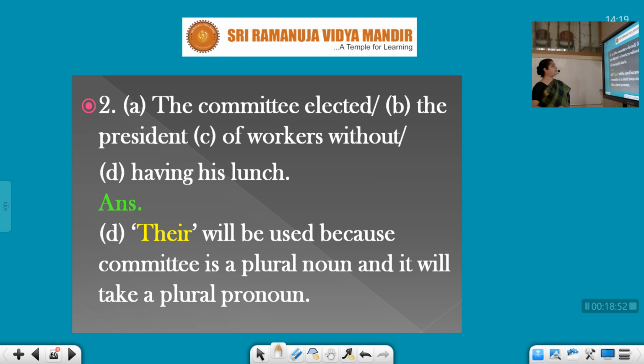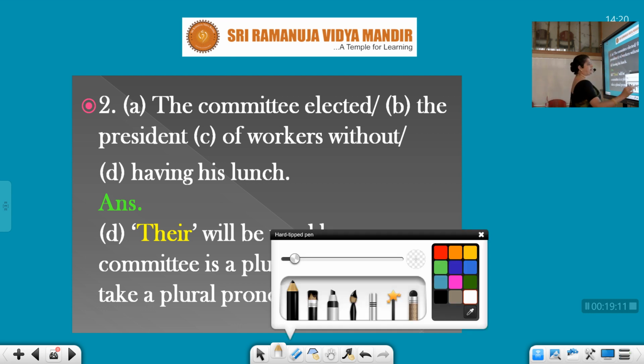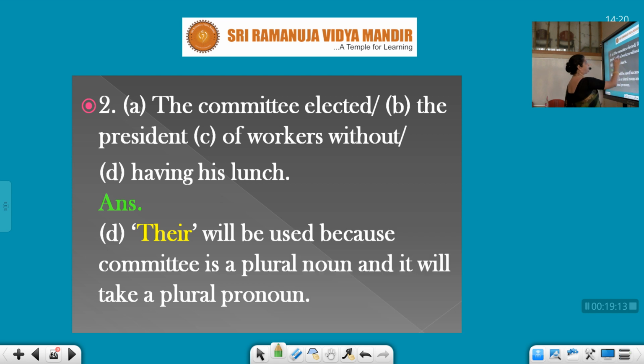Second one, students. The committee elected the president of workers without having his lunch. Now first of all, understand the question. The committee elected the president of workers. They elected whom? The committee elected whom? They elected the president.